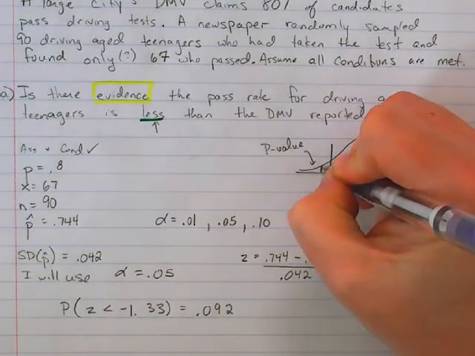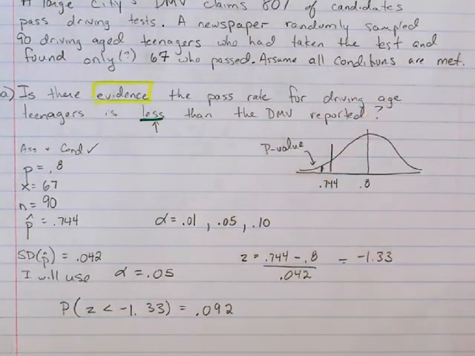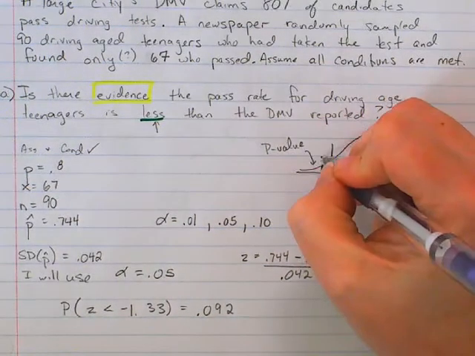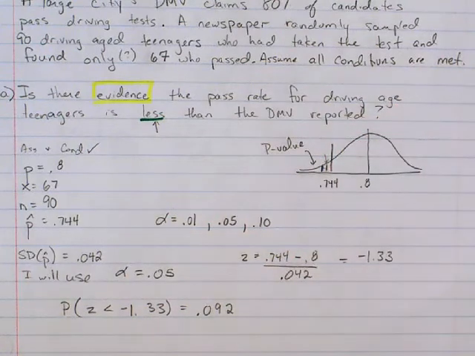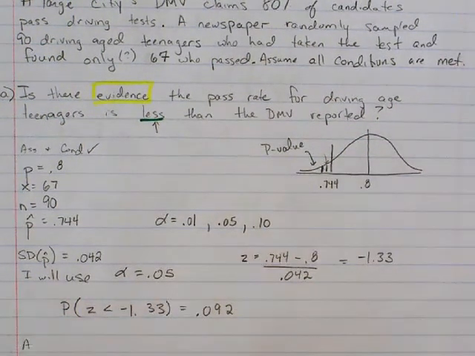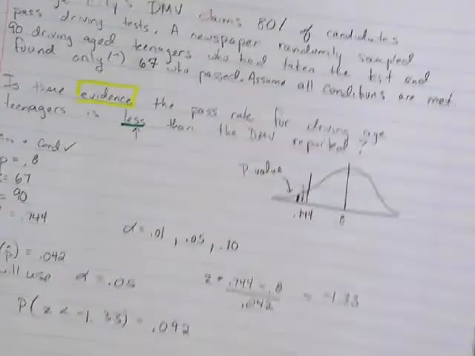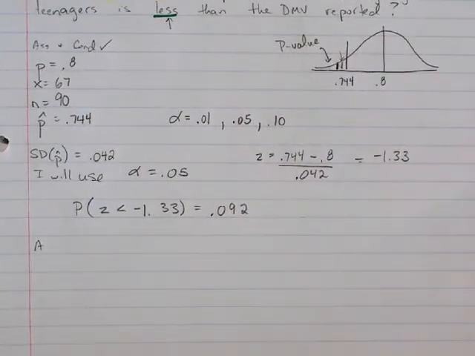My alpha level is 0.05. So 0.05 is about right there. Since my p-value takes me to 0.092, that's north of 0.05.